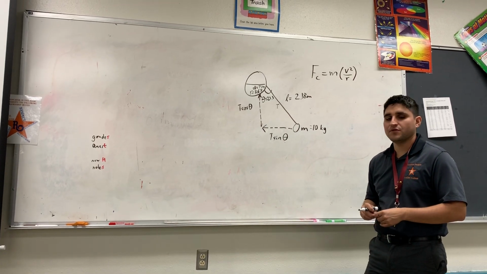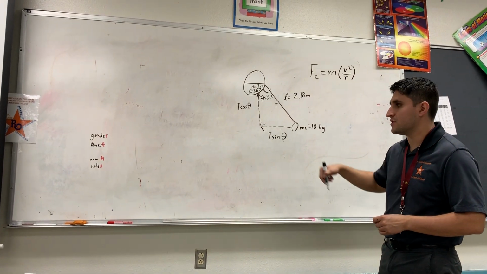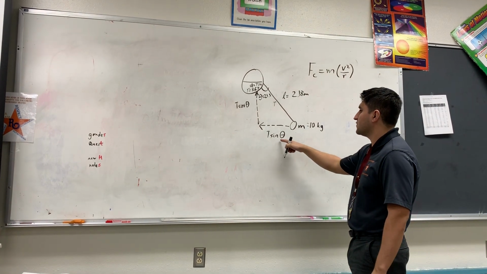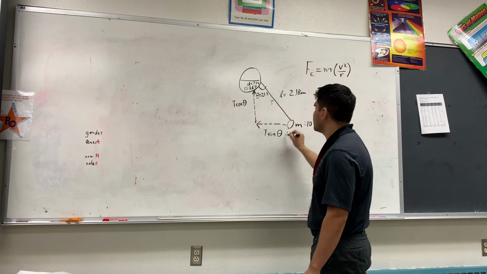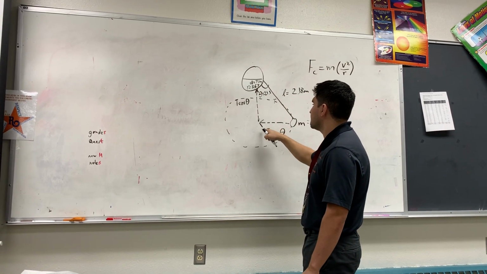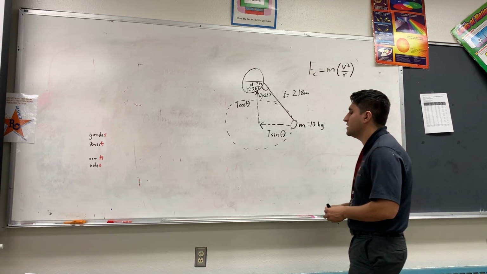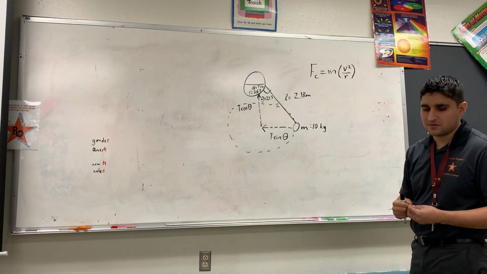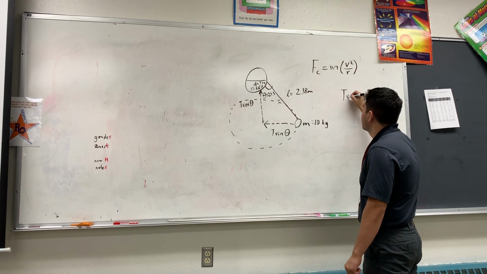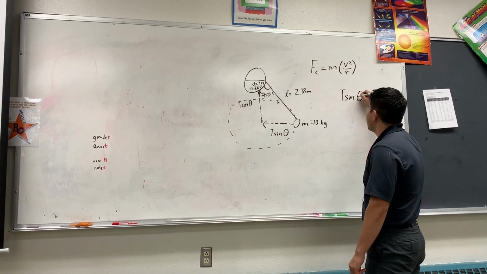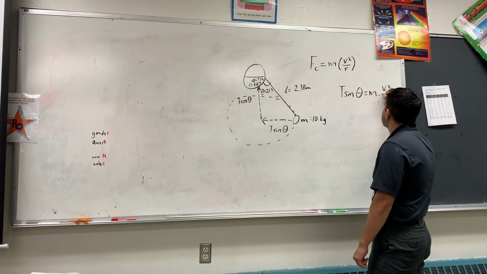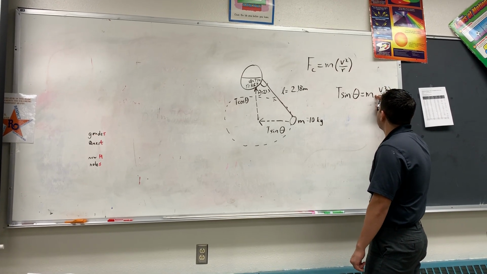But with the centripetal force, I care about the forces that point towards the middle of the circle, and that's the tension times the sine of the angle. So I know that T sine of the angle is going to equal m v squared over r.